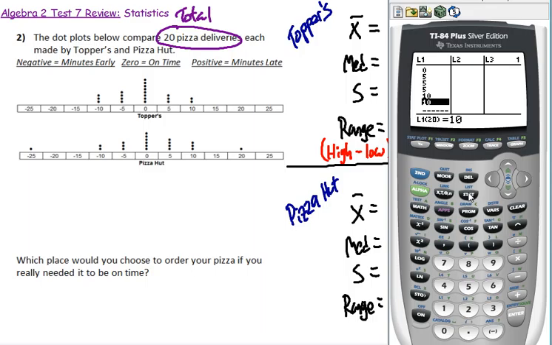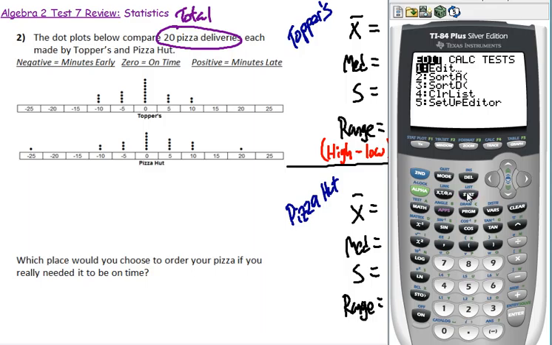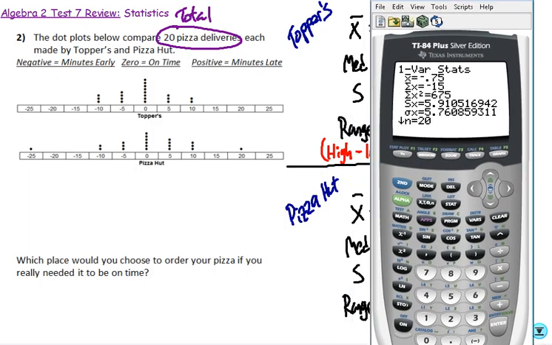So let's hit stat. Now we've got the numbers in there. We want to go back to calc to calculate, and we just want to do one variable statistics, because we're only looking at one thing, which is their on time of delivery. Remember, you have to enter for it to actually do anything, and then we've got some numbers here. All right, so let's record our numbers.